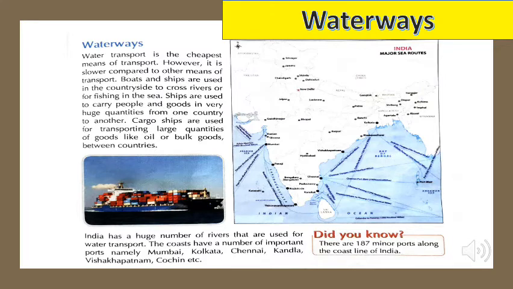Water transport is the cheapest means of transport. Wow. So among roadways, railways, airways, and waterways, waterways is the cheapest means of transport. However, it is slower compared to other means of transport. Boats and ships are used in the countryside to cross rivers or for fishing in the sea.